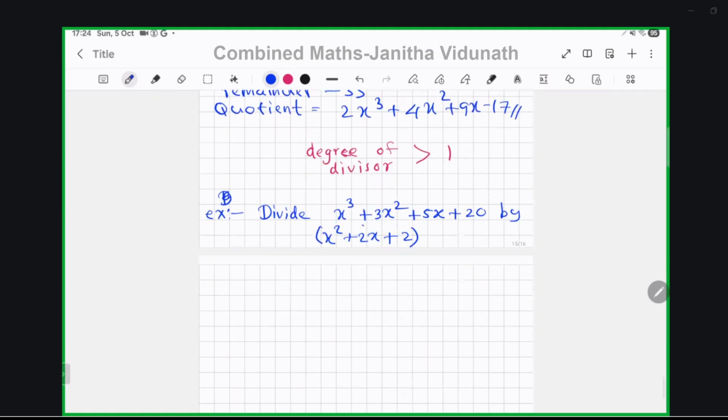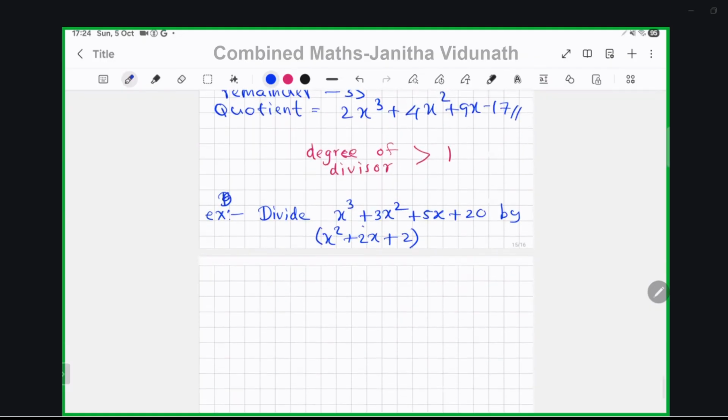Okay. Now we are going to divide those two polynomials. Here our dividend is x cube plus 3x square plus 5x plus 20. And our divisor is x square plus 2x plus 2.